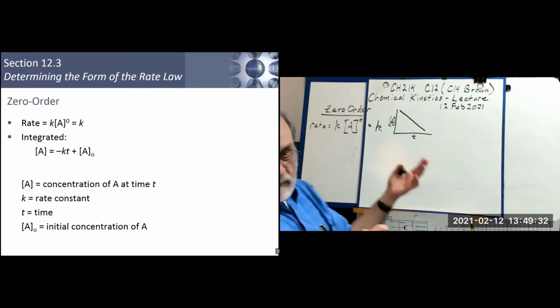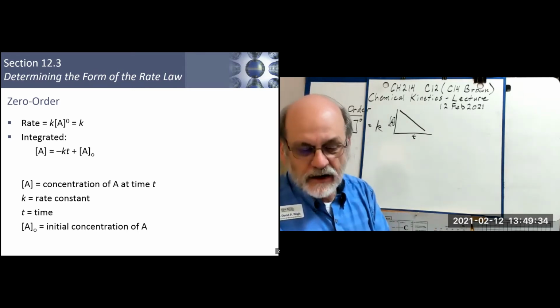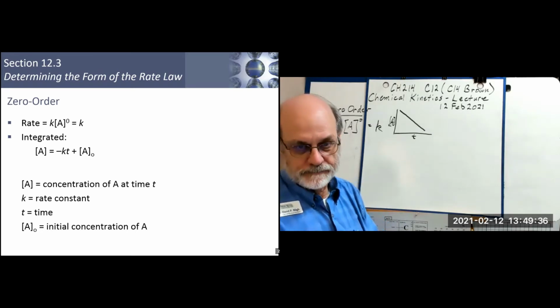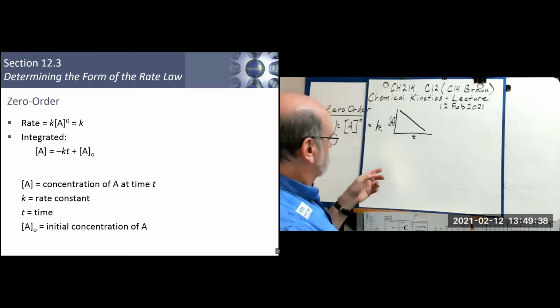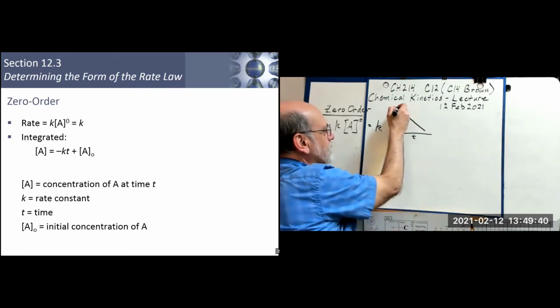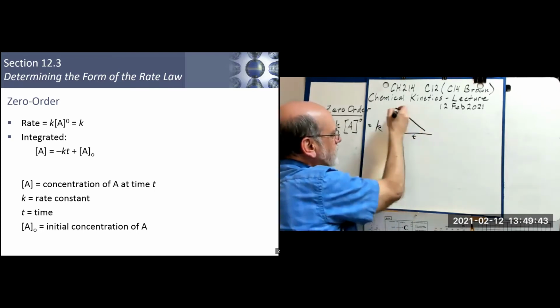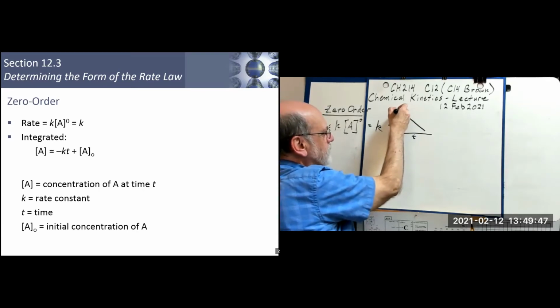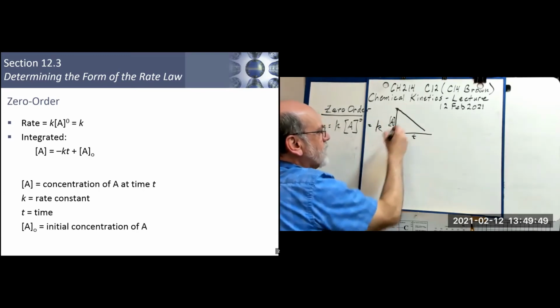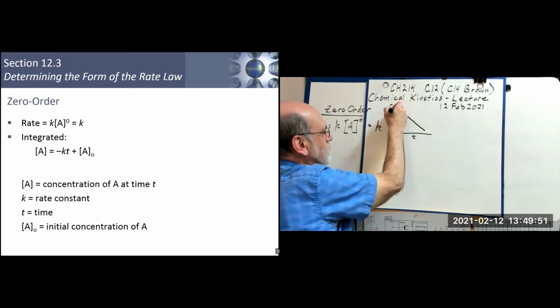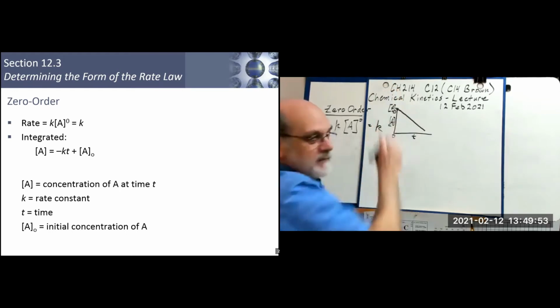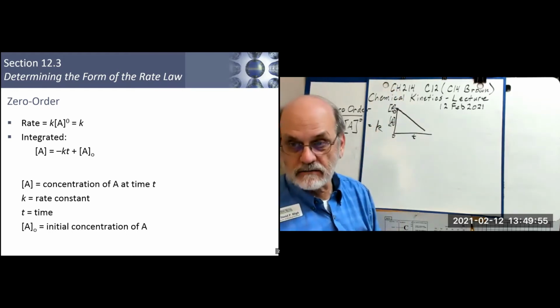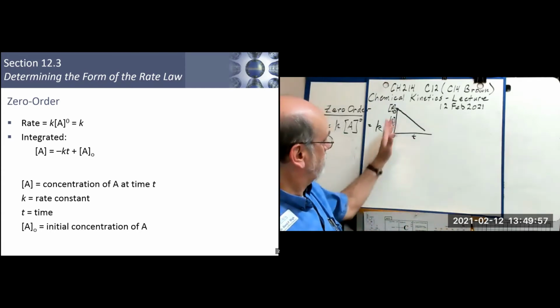Now, the integrated rate law, we'll look at it this way. If you graph it that way, then what's the y-intercept? If this is time zero, then the y-intercept is the initial concentration. That's where you start, right there.